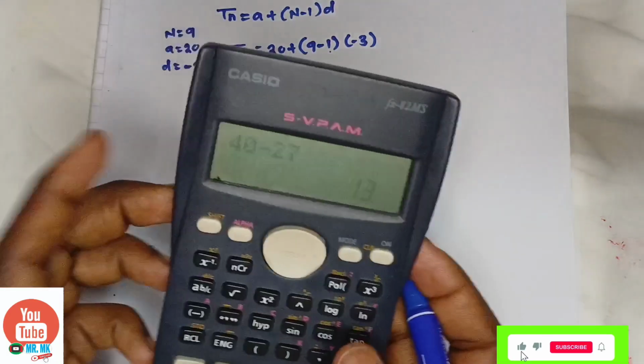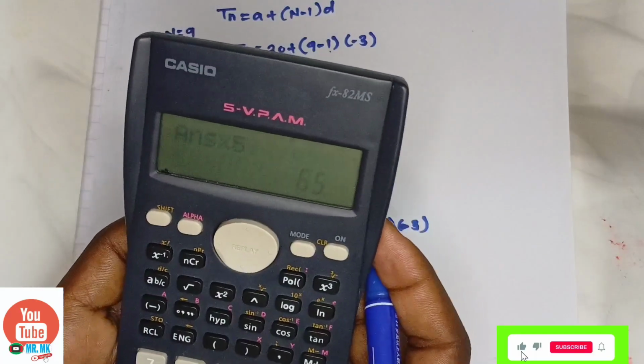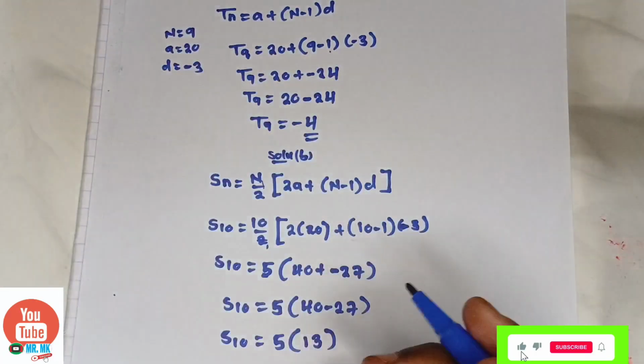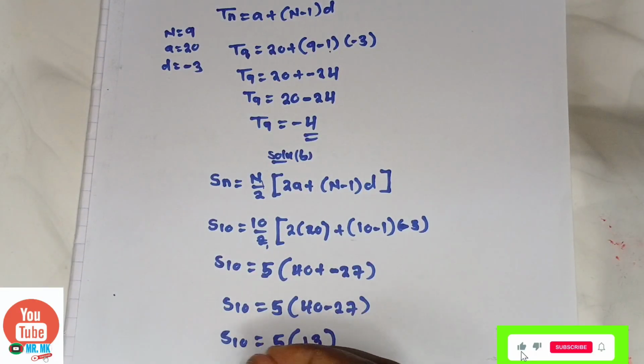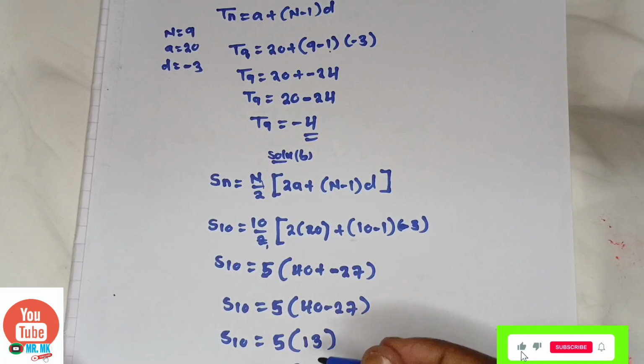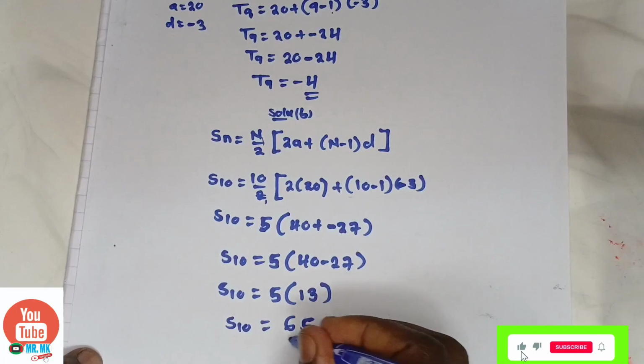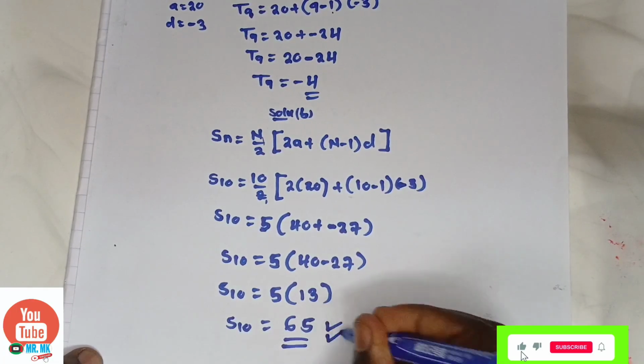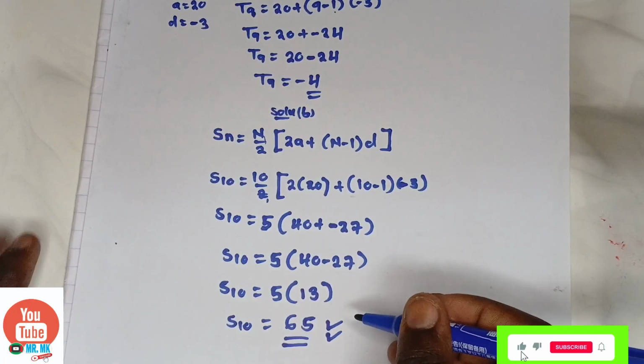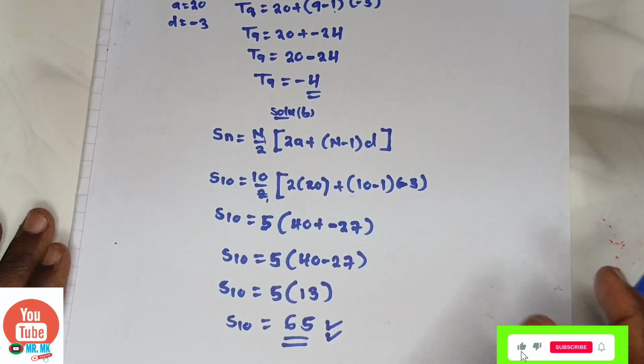Now 13 multiplied by 5 is 65. So the sum of the first 10 terms is 65.